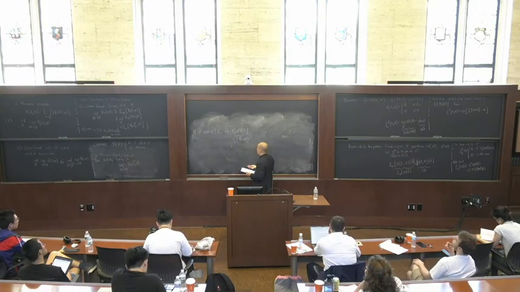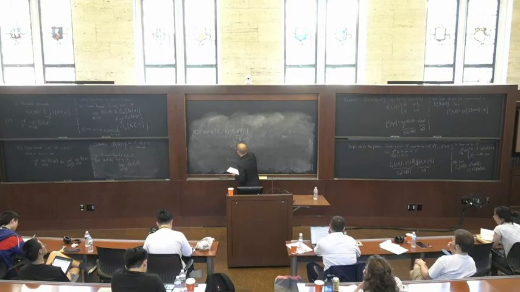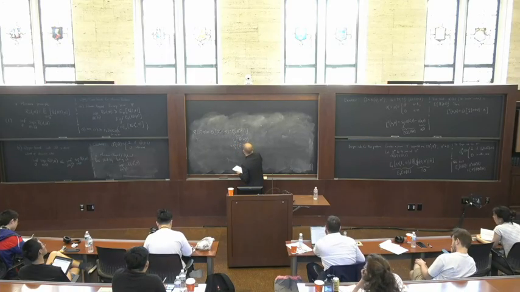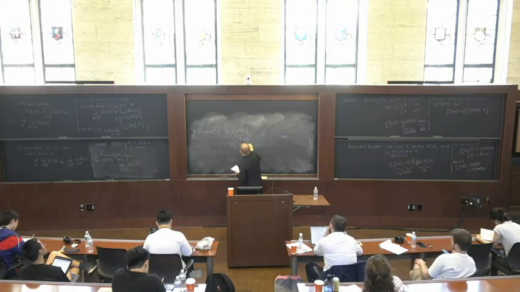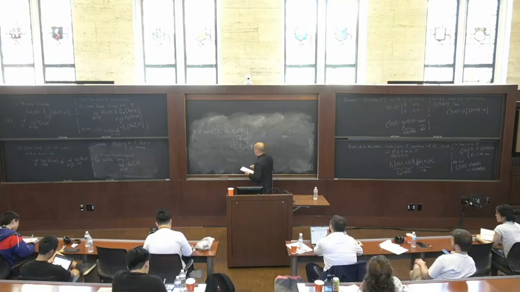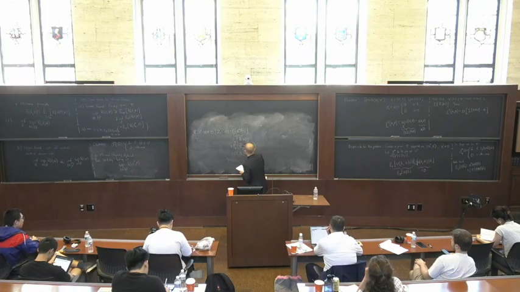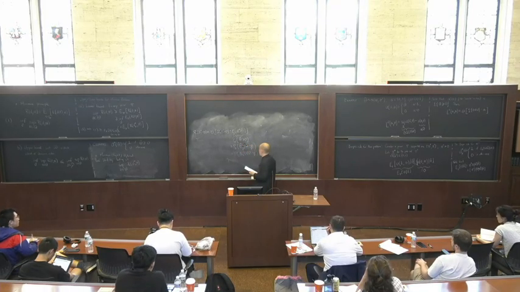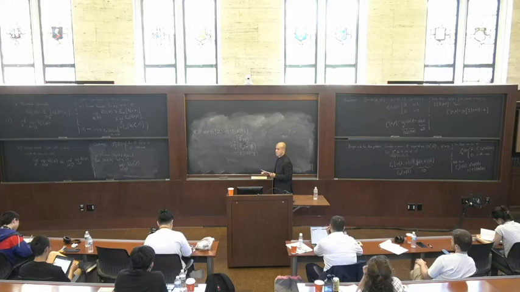And this is the same as the probability that theta hat minus theta is larger than minus theta. I'm going to divide everything over sigma, just standardizing. This is the same as the probability that a normal 0, 1 is larger than minus theta over sigma.